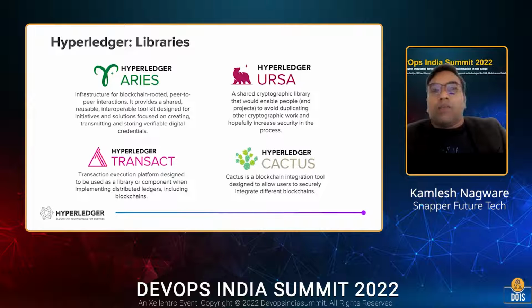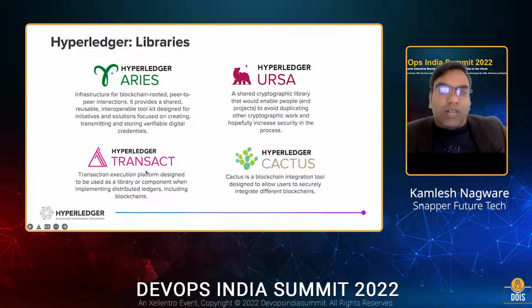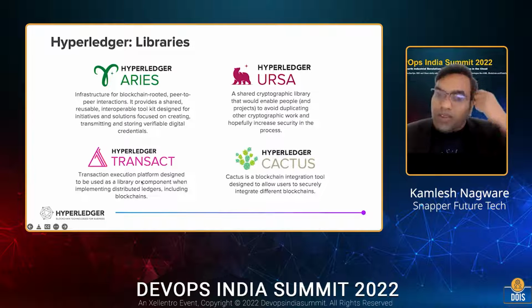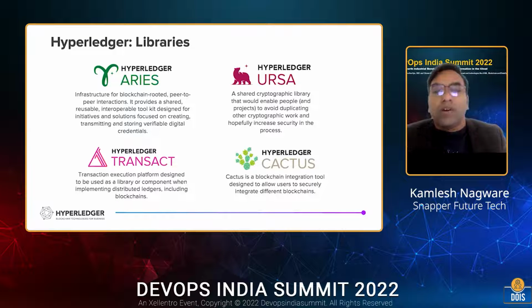But suppose you're running an enterprise system built on R3 Corda, and later you want to build on Fabric, maybe migrate, then you might need to rewrite. But if you use Hyperledger Transact as an interoperable smart contract layer, you can write code in one particular language in the Transact framework, and it can run on any kind of blockchain. So you don't need to worry about migration or those kinds of issues.